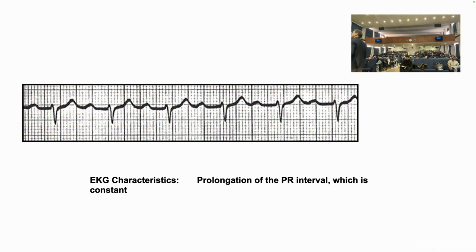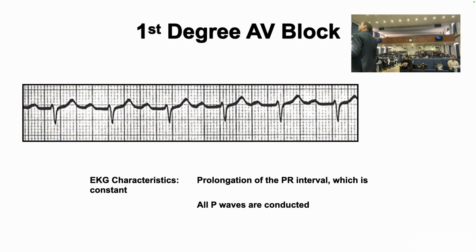This is first degree heart block. Prolongation of the PR interval, which is constant, all P waves are conducted. So this is first degree AV block or first degree heart block. In first degree heart block, all impulses which are generated at the SA node are conducted through the AV node.